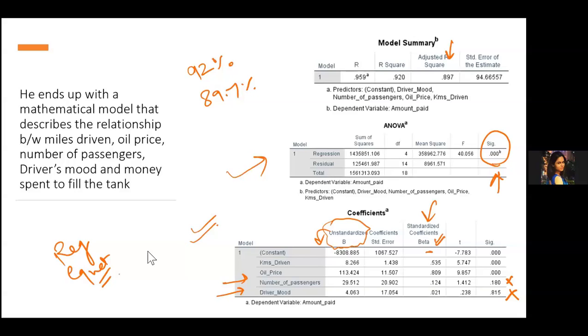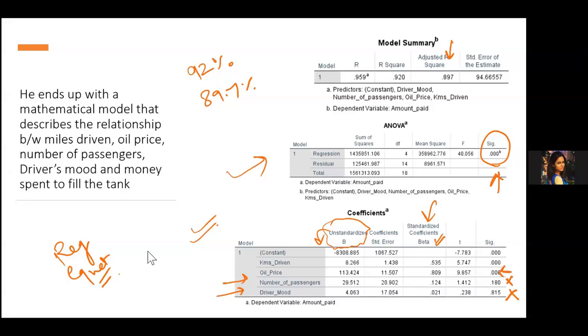See, here constantly oil price. Yes, oil price is the most important. It's significant also, it's highest also, and it's positive. Here the value can be negative or positive, and then you can see whether it is positively or negatively related, and whether it's significant or not.